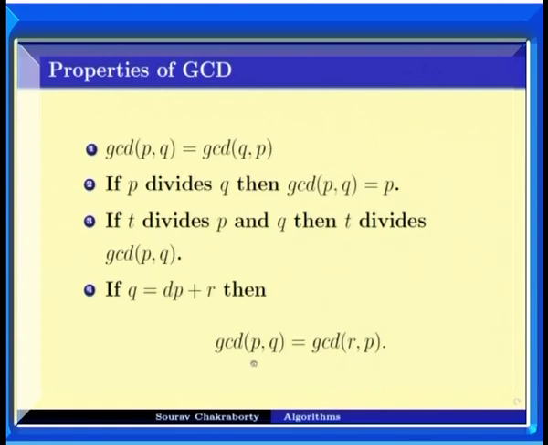Then the GCD of p and q is equal to the GCD of r and p. This property is not obvious, and we need a proof for that, and we will then see how this property can help us get towards a better algorithm.